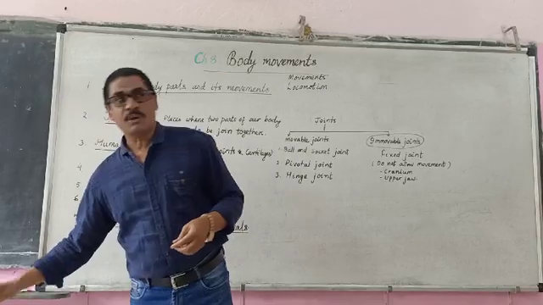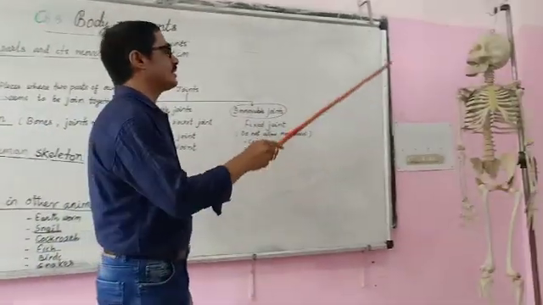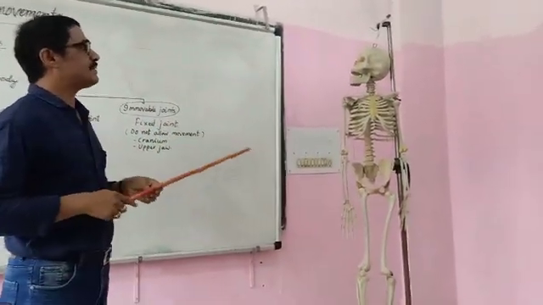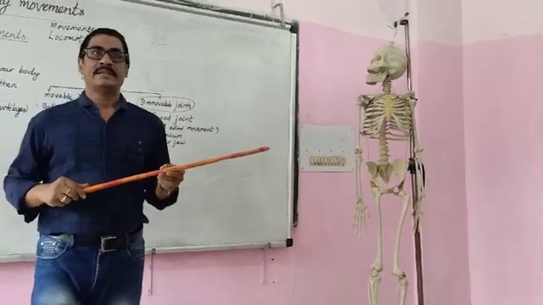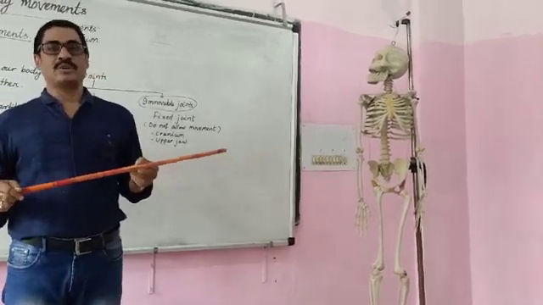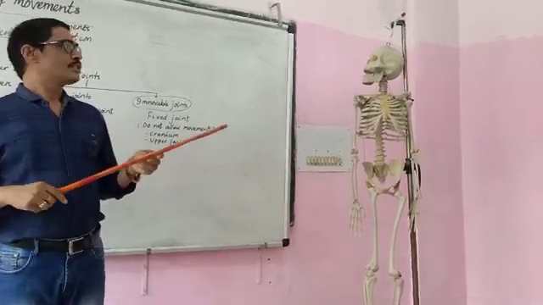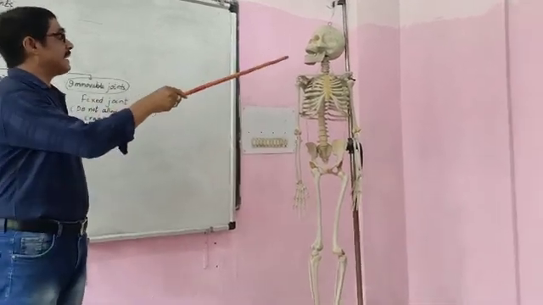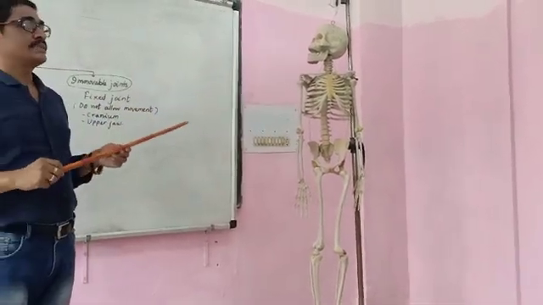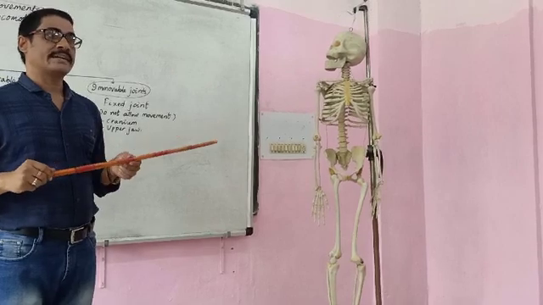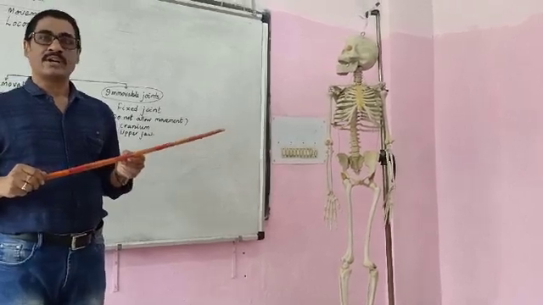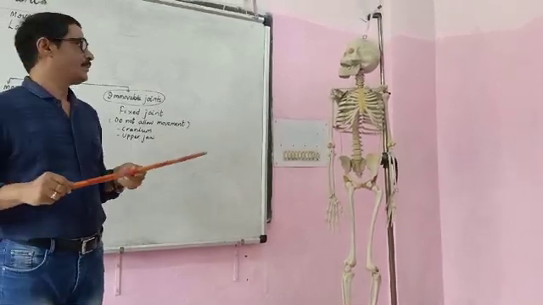Similarly, the whole body consists of the skeleton. It gives a framework, support and shape to the body. Another important function of the skeleton is that it protects the important internal organs of the body.